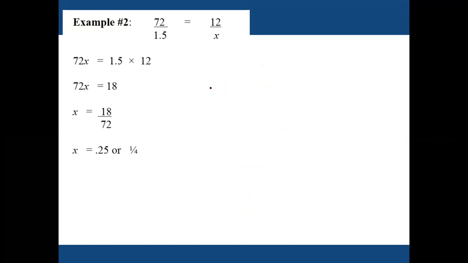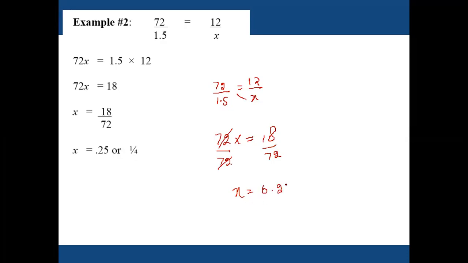Same, with the help of cross product. x multiplied by 72 means 72x, and 1.5 multiplied by 12 equals 18. To find x, divide both sides by the coefficient of x, which is 72. So 18 divided by 72 equals 0.25.